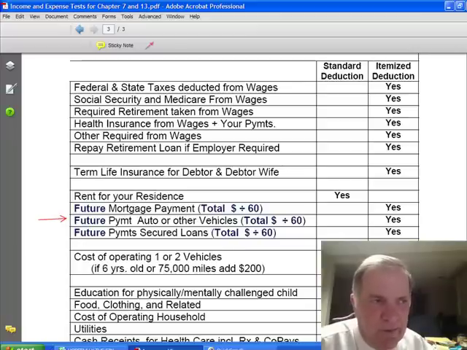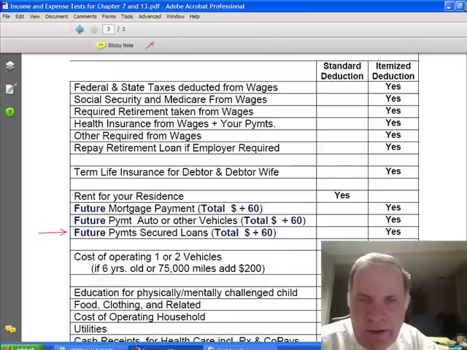The next one is the same way. Let's say that you've got a boat and you've got 3 years left on your loan payments. You would take the monthly payment times the number of payments you have left, divided by 60. That's your average monthly payment during the 5-year period.